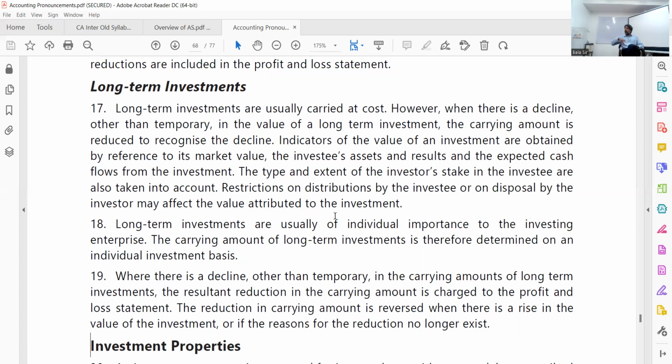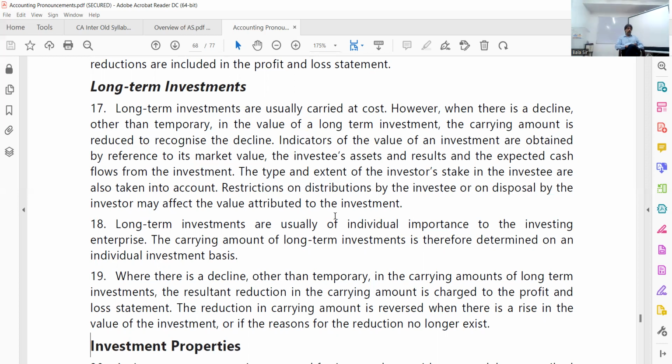Maybe the government has come with a policy that is going to affect the investee company. Let's say you're holding shares in a company operating in a particular sector, which is basically a license given by the government. Now the government says that the license is cancelled for the next 2 years. At least for 2 years, the price will be low.